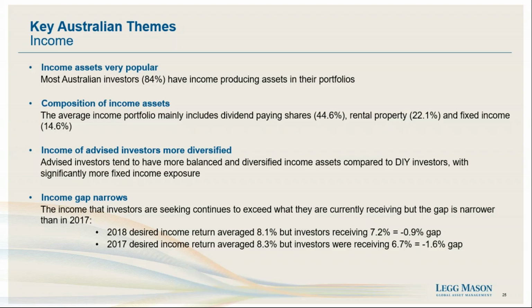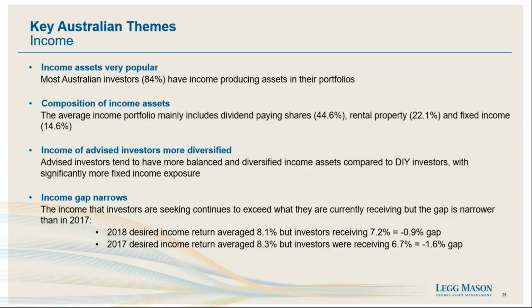What we do see through the data is advised investors have much more diversification in their overall portfolio, but also in their income producing assets, and DIY investors using fixed income more significantly in portfolios, where DIY investors are much more concentrated on shares, and we suspect, and some of the SMSF data would support this, on a few large cap shares that they hold on the exchange.